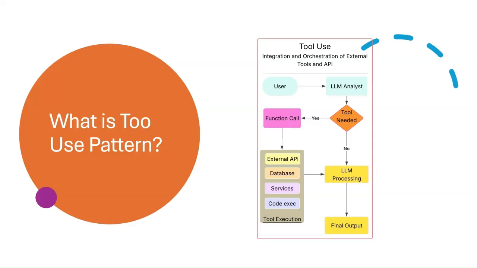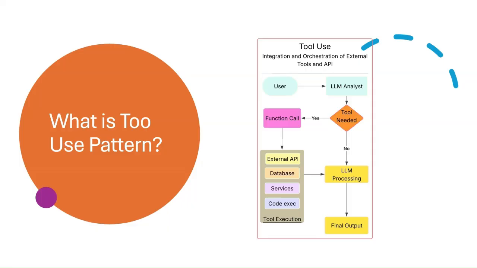So basically the agent framework executes the requested tool. As we see, we have a list of tools here: external APIs, databases, services, or code execution. Now the agent executes the requested tool, which could be an API call or any other. The result is then returned to the agent for further processing.